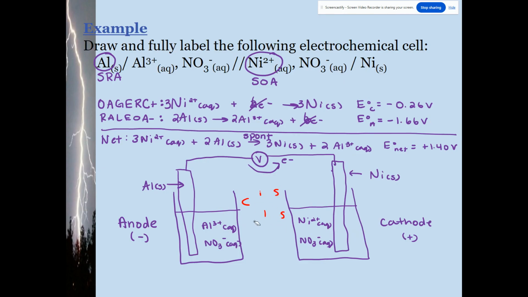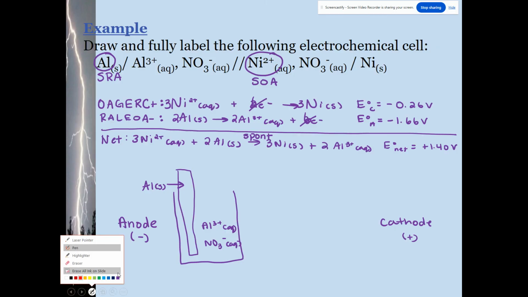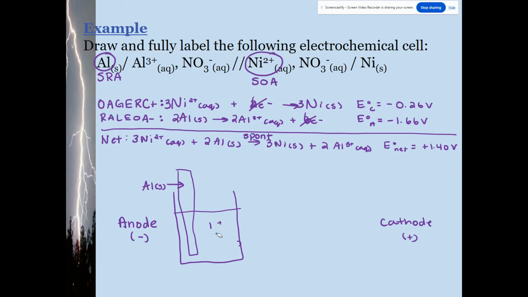The other way to do it is the porous cup method. And in the porous cup method, I just have 1 beaker with one of the solutions in it. And then I'm going to have to write this a little smaller.